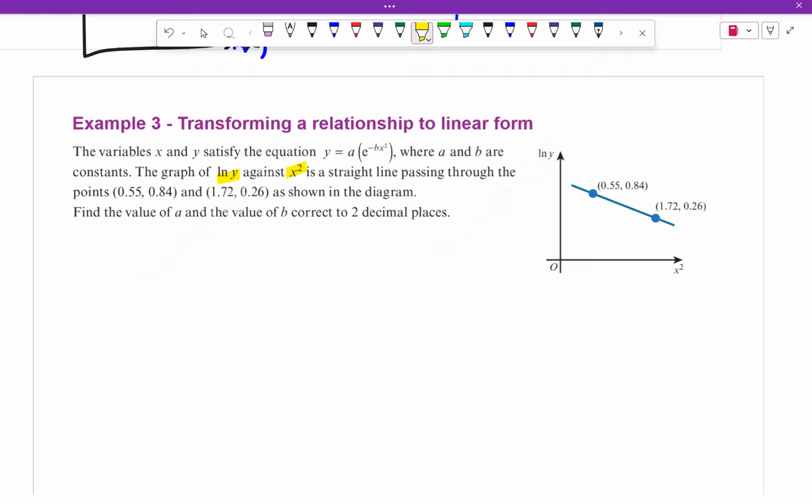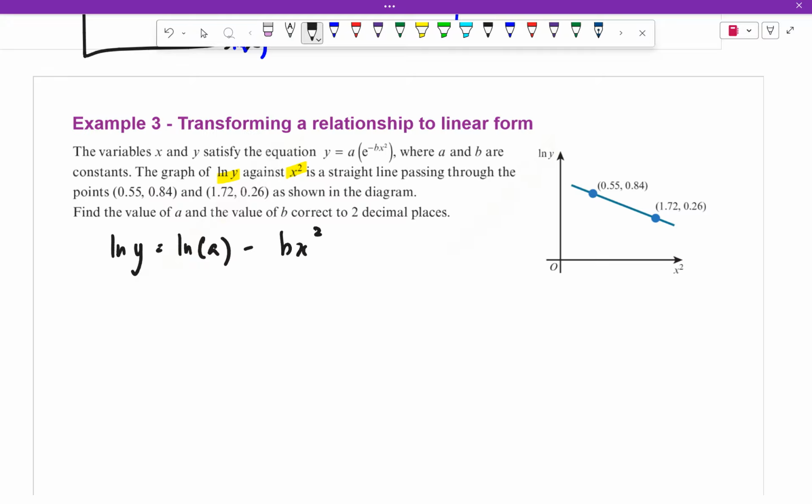Okay, so that results in ln of y equals ln of a. Again, I'm going to cheat a bit. I'm just going to skip the working. So that results in negative bx squared. Alright.